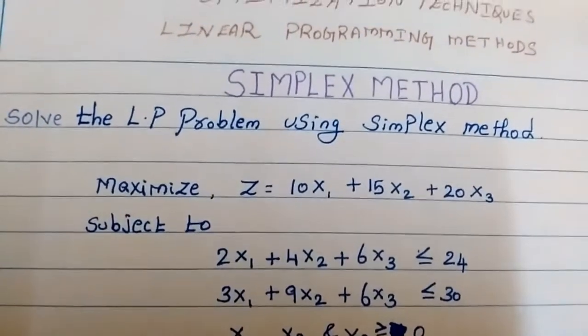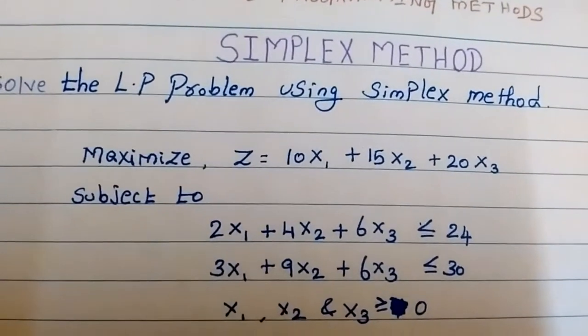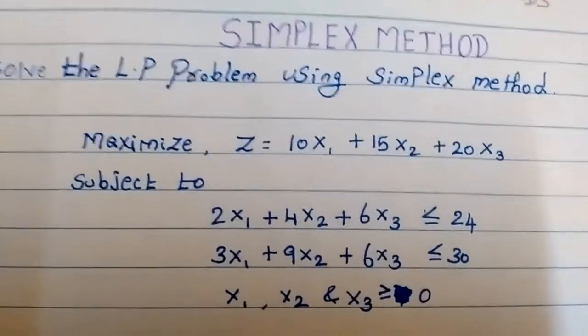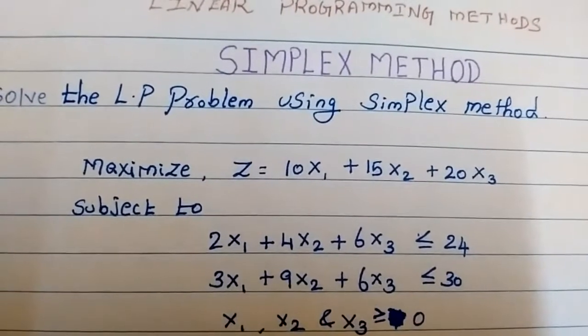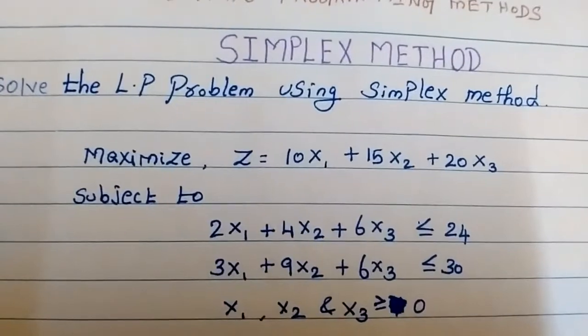In this problem, there are two constraints, one objective function, and three variables x1, x2, x3.